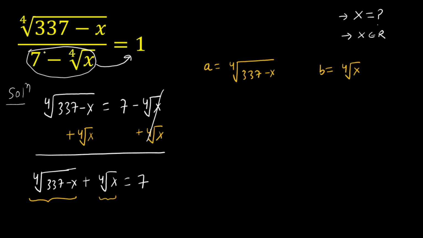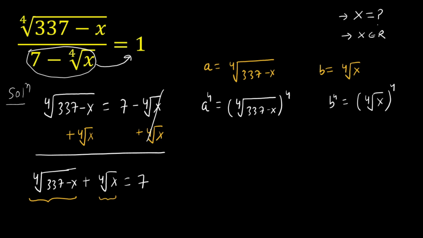If we take power 4 on both sides, then a power 4 equals (fourth root of 337 minus x) whole power 4, and b power 4 equals (fourth root of x) whole power 4.